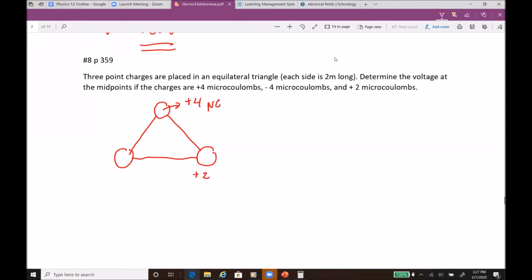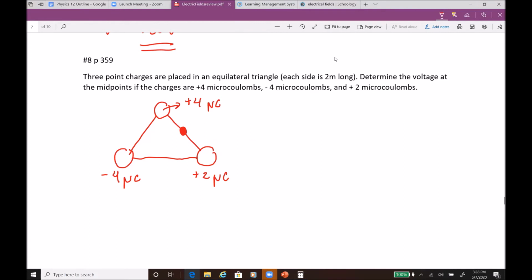This charge is 2 microcoulombs. And this is minus 4 microcoulombs. Okay. So the question is, if you had a point in between, so let's say we picked, for instance, this point.